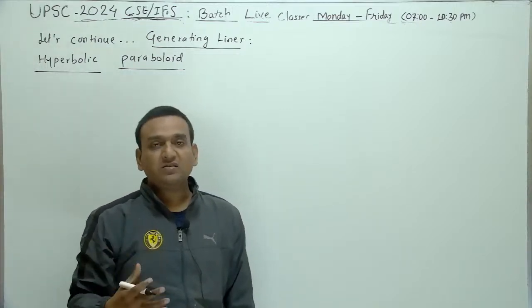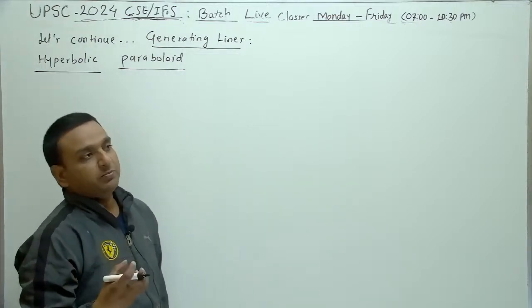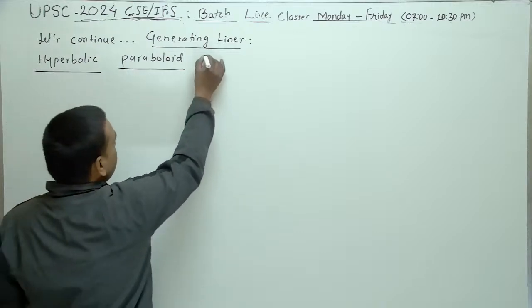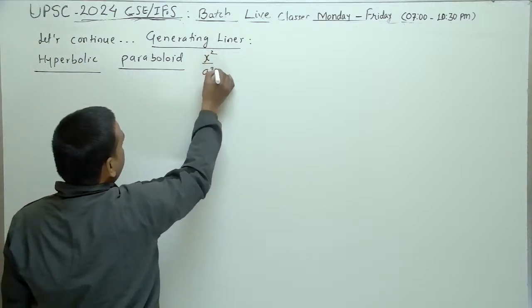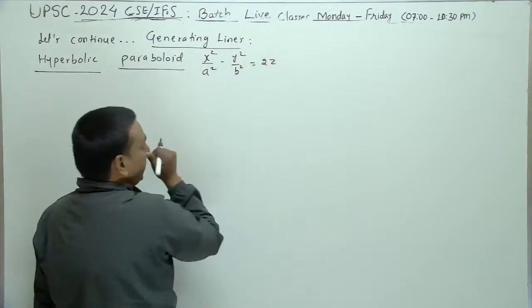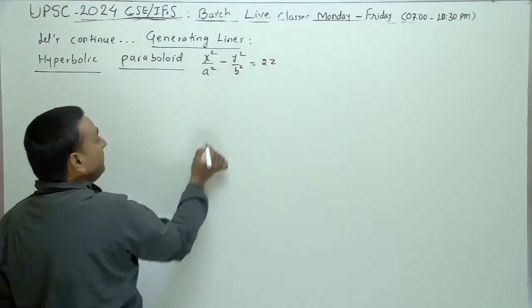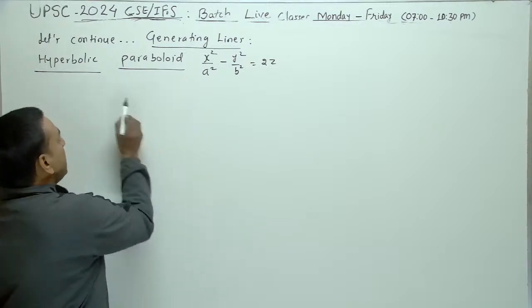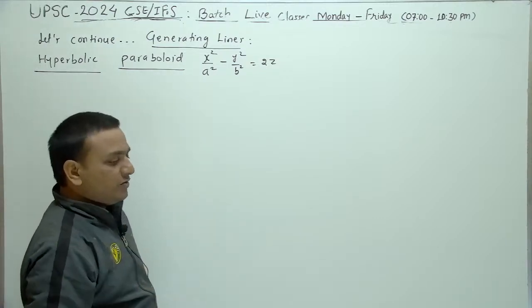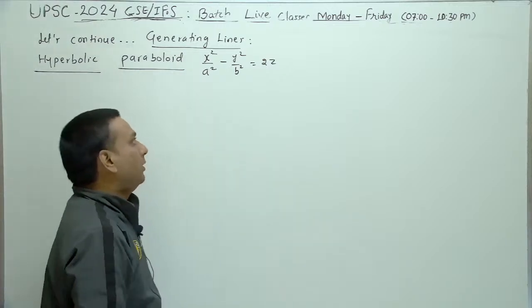Number first is x square upon a square plus y square upon b square equals 2z type, and x square upon a square minus y square upon b square equals 2z type. So if you have a negative here, that means it is a hyperbolic paraboloid, right? In the demonstration we had done all this.